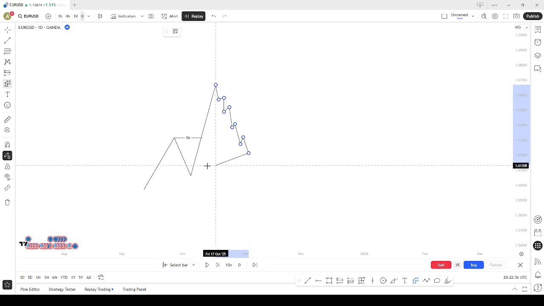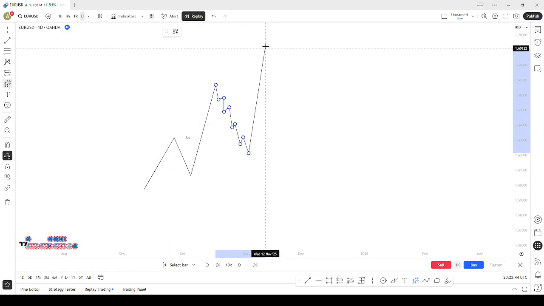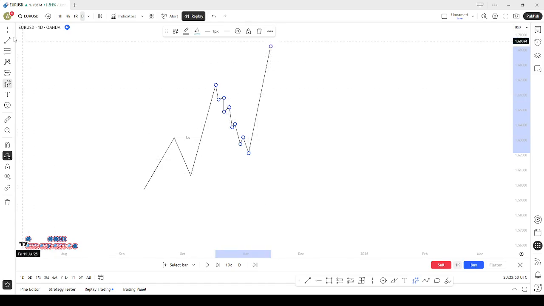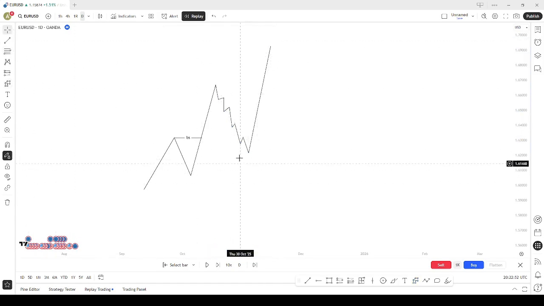In most cases, a retracement always results in two things. It either comes and becomes rejected and continues its move up, or it comes and violates the previous low. That means now there is a change in the trend.